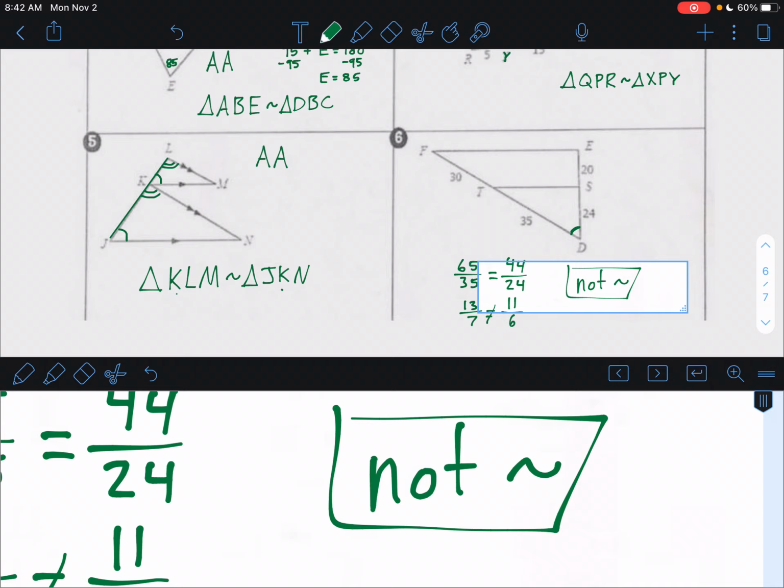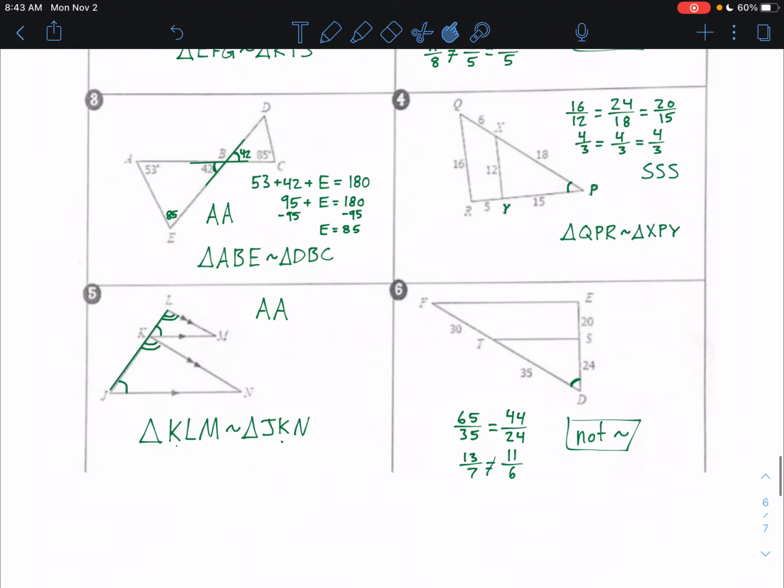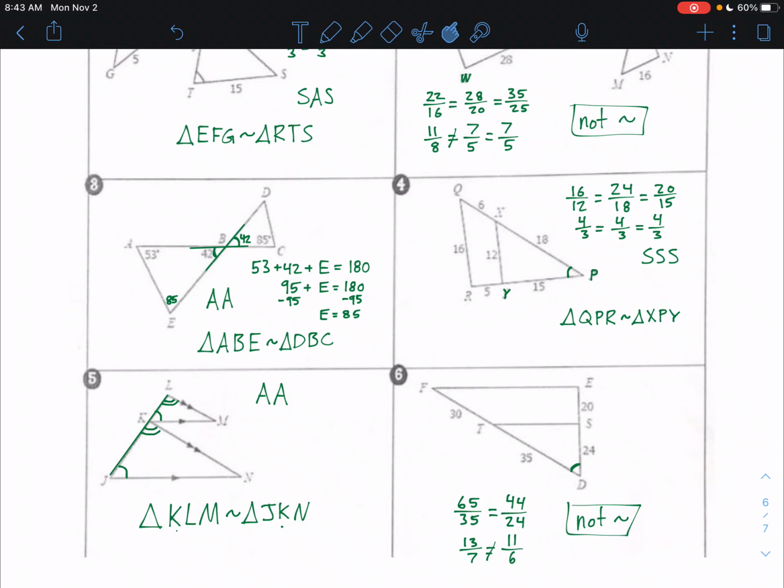So before this video ends, like I said, today's assignment is going to look basically the same as these last 6 problems, plus some of what we did on Friday. As for Wednesday, we don't have school tomorrow, tomorrow being November 3rd.